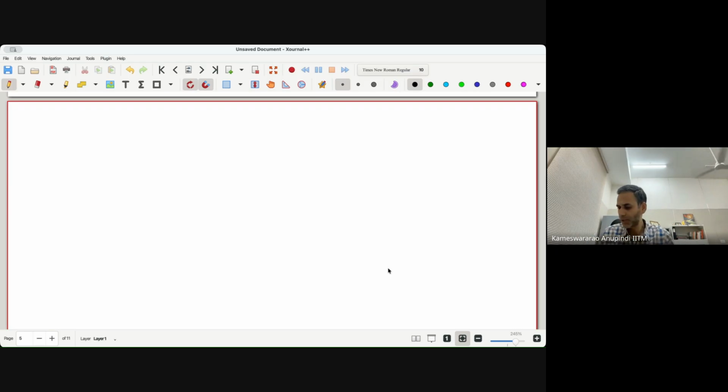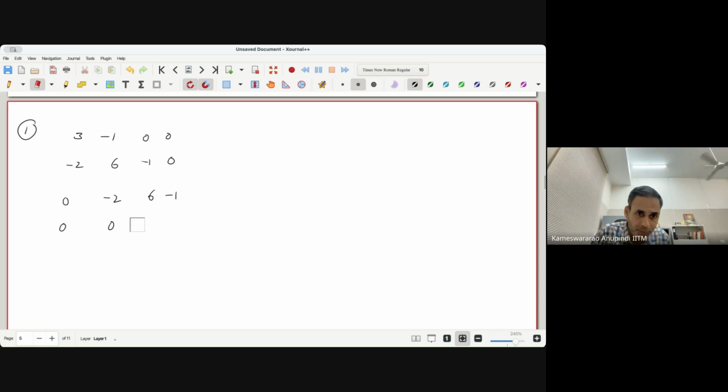Okay, if no questions, let me try to solve a small problem here, first with point Jacobi, and then tell you how it will change if we were to solve with Gauss-Seidel. We are given a matrix that is 3, minus 1, 0, 0; minus 2, 6, minus 1, 0; 0, minus 2, 6, minus 1; 0, 0, minus 2, 7.